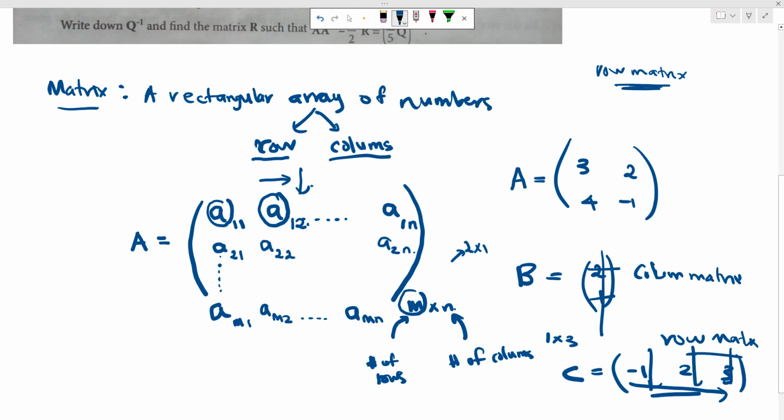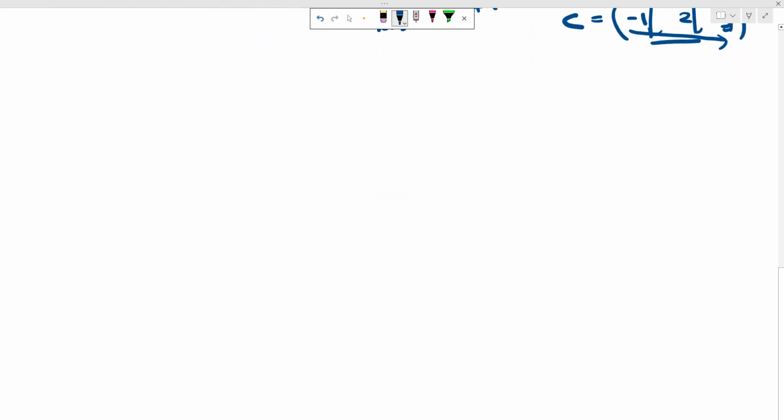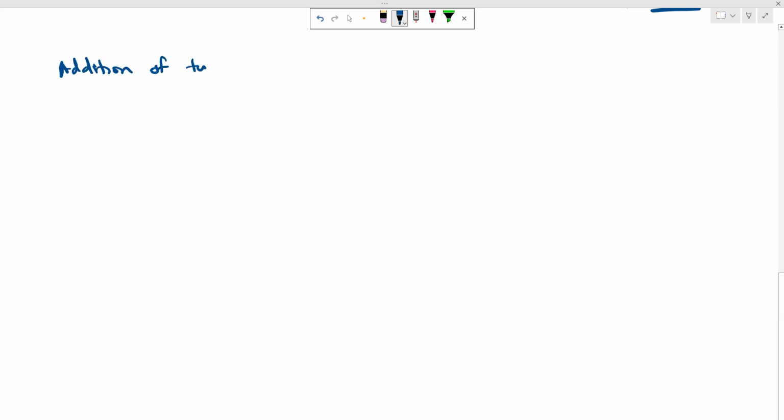Now we will see the basic operations in matrices. First we have to know the addition of two matrices. If we have to add two matrices, then the dimensions of those two matrices should be equal, right?